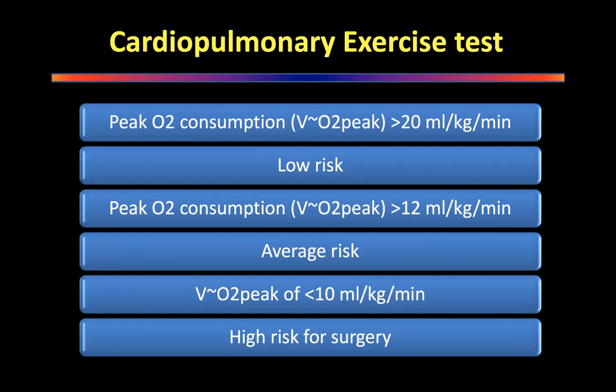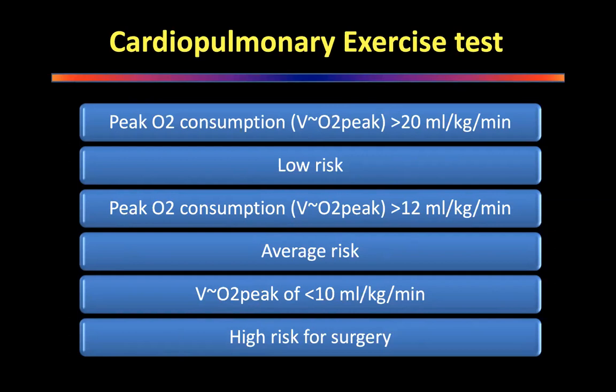You'll get morbidity. But the reality is, if you've got a marginal DLCO or a marginal PFT and you've not tested for it, you will never know which patient is low risk, which patient is average risk, and which patient is high risk. And that is why it's important to test for cardiopulmonary exercise.